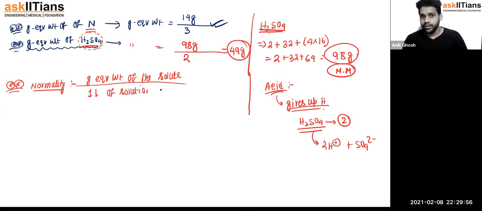So when there are X number of equivalent weights of a particular solute in 1 liter of solution, then we call it 1 normal.